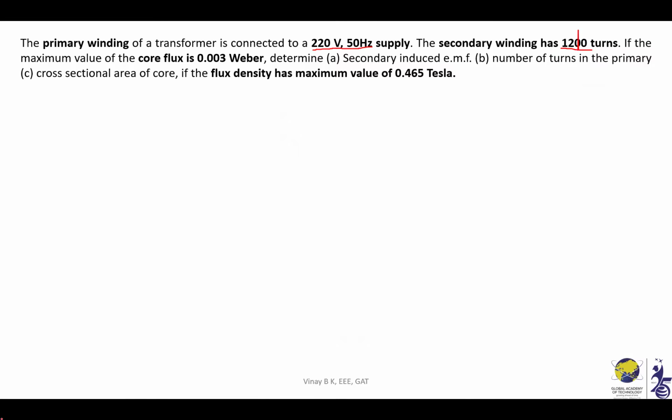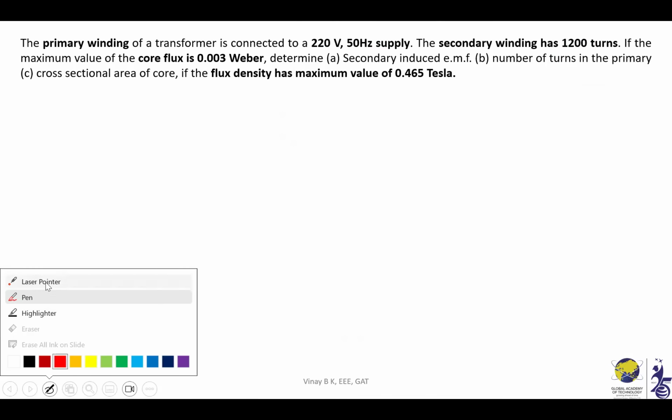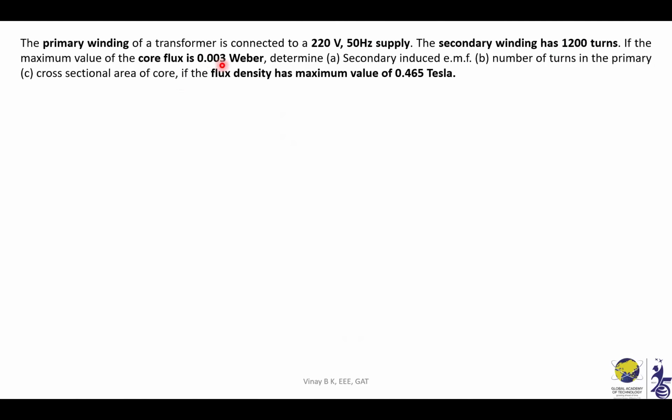And if the maximum value of flux is 0.003 Webers, so we know that flux they are given. And determine the secondary induced EMF, the number of turns in the primary, and the cross-sectional area if the flux density has a maximum value, that is Bm, of 0.465 Tesla.